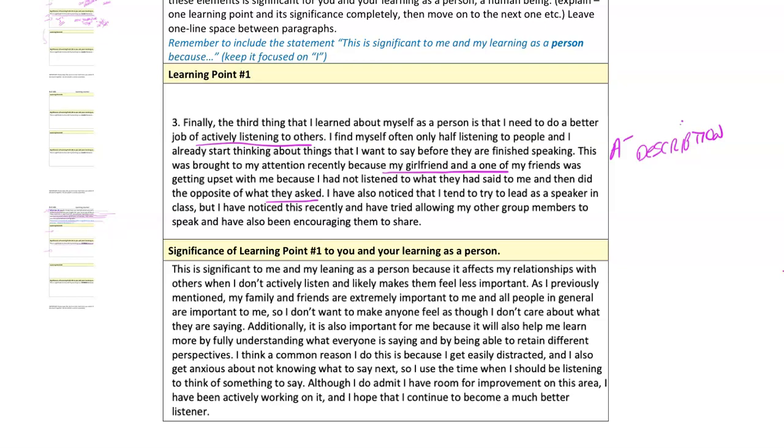Now, I want to point out here, there is a danger. I've been doing this a long time and read many journals, both in classes and through other work I've done outside of the university or college. And I'll tell you this. Sometimes students will write things like, well, what I learned in the past few weeks was that I don't like to work on things by myself a lot.